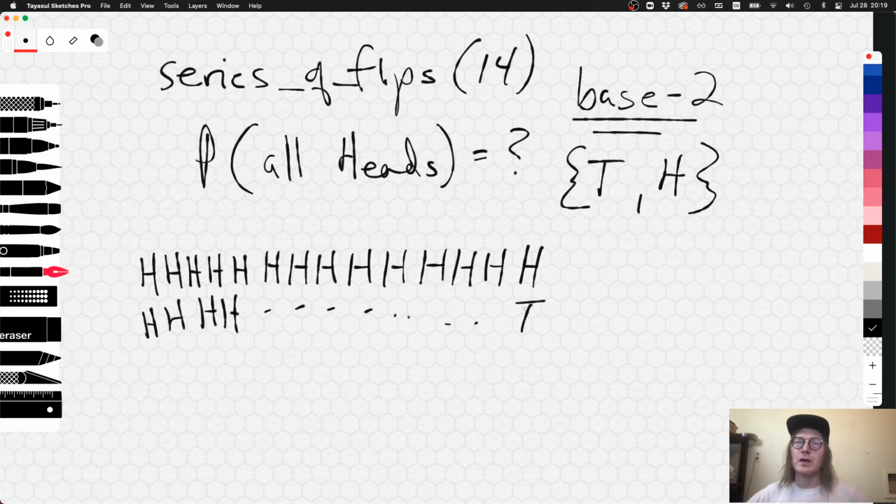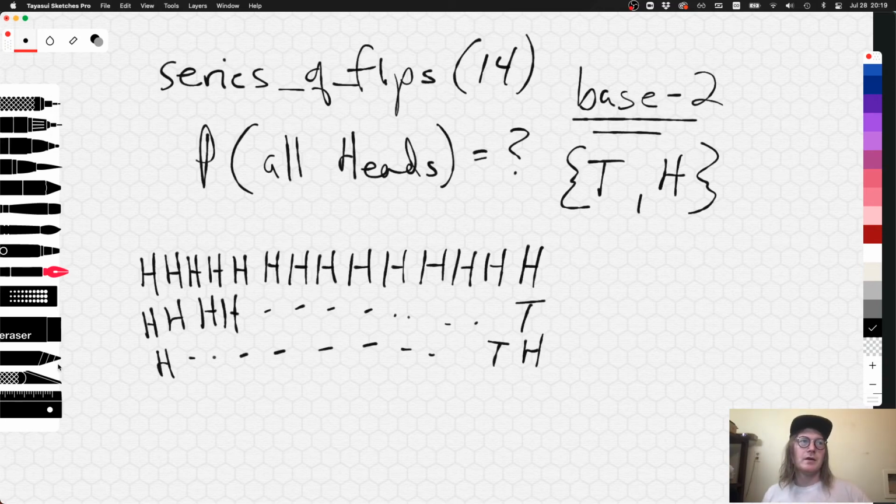We could have heads, then a tails, then a heads, and that would be 13 heads. So there may only be one way to get 14 heads in 14 coin flips, but there are obviously a number of different ways to get 13 heads in 14 coin flips, okay?